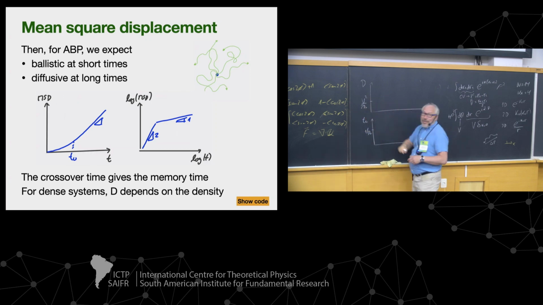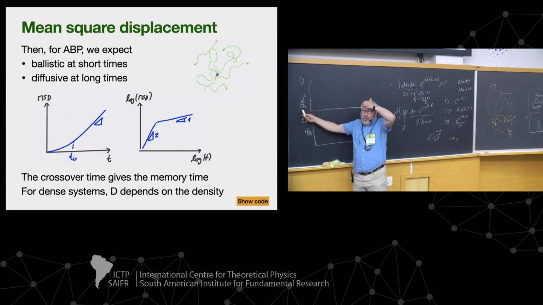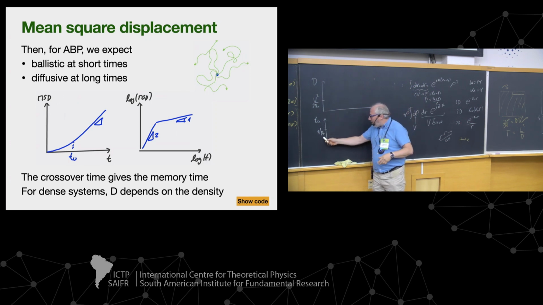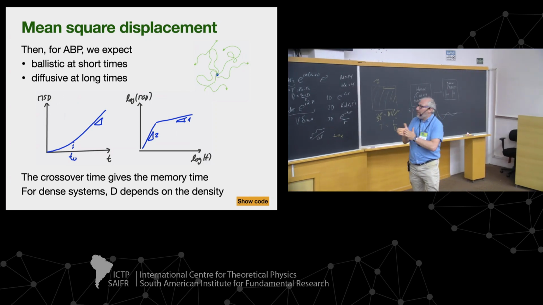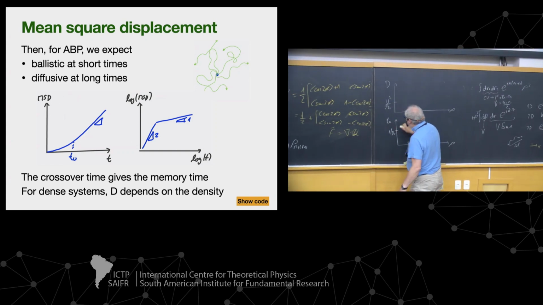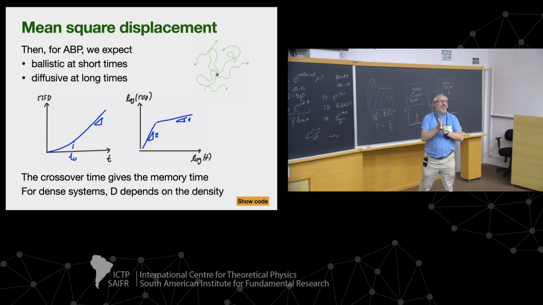The diffusion coefficient is going to be that; Aparna is going to show you that in the afternoon, at zero density, that is for independent particles. And the crossover time is going to be 1 over Dr, the memory time, the time it takes particles to change director. Okay, so this is my initial information. What happens with the diffusion coefficient and the crossover time when you increase density? What do you expect?